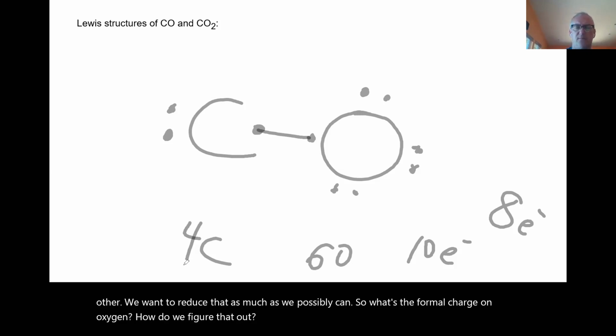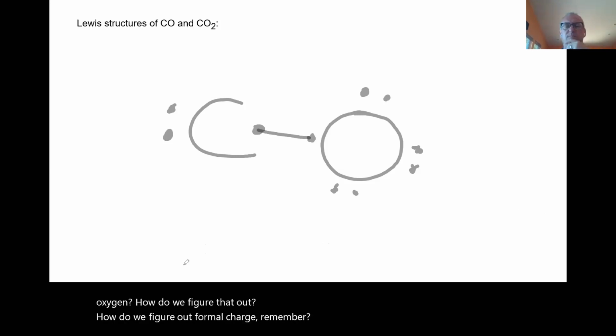Do you remember? What is formal charge? It has to do with the number of electrons. So how do we figure that out?